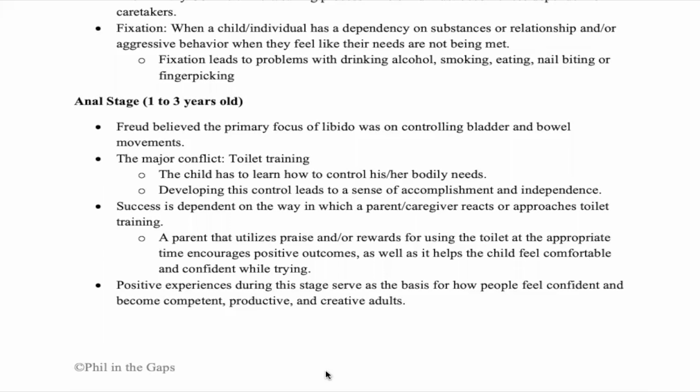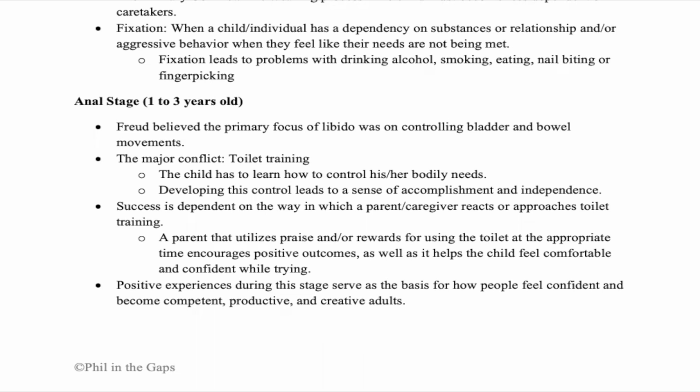Not just whether somebody was able to be toilet trained or not, but what did that process look like? And what was their environment doing in order to promote or even decrease the likelihood of a successful training related to the toilet? So the child has to learn how to control his or her bodily needs. So developing this control leads to a sense of accomplishment and independence.